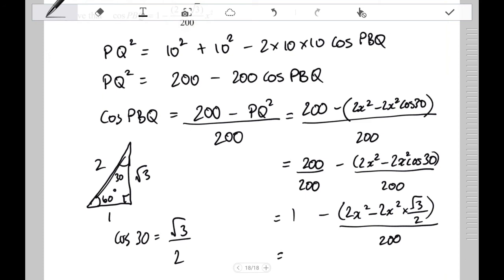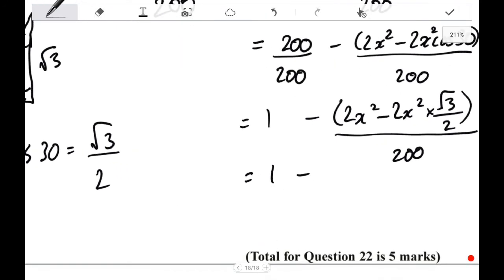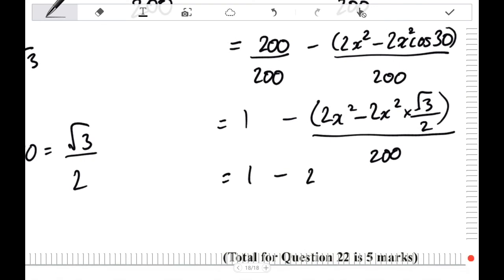And then simplifying further, 1 minus 2x squared minus, the 2's cancel out, you're left with x squared.